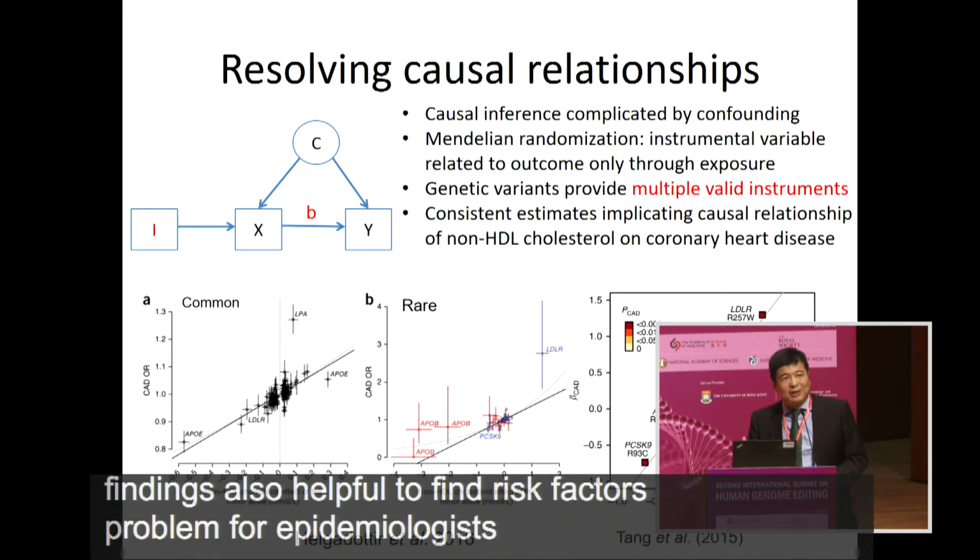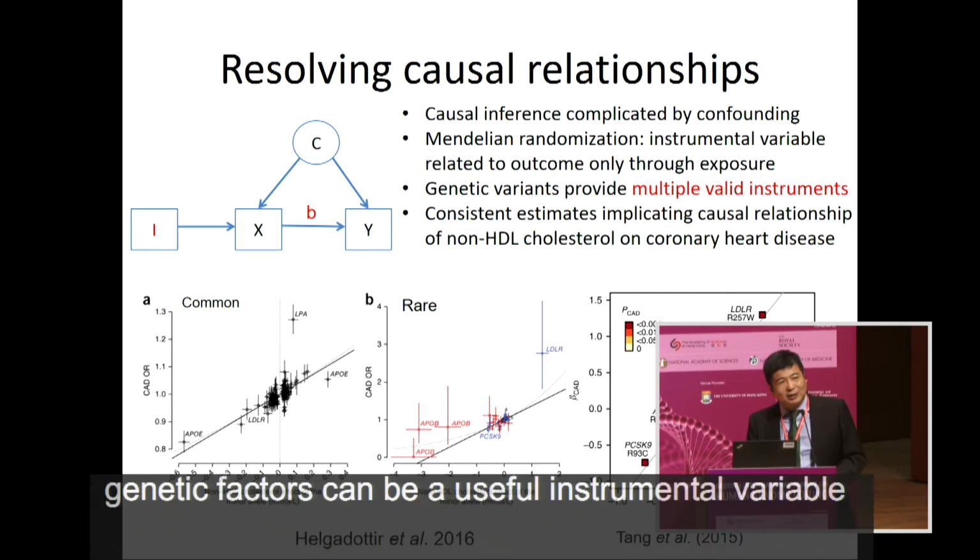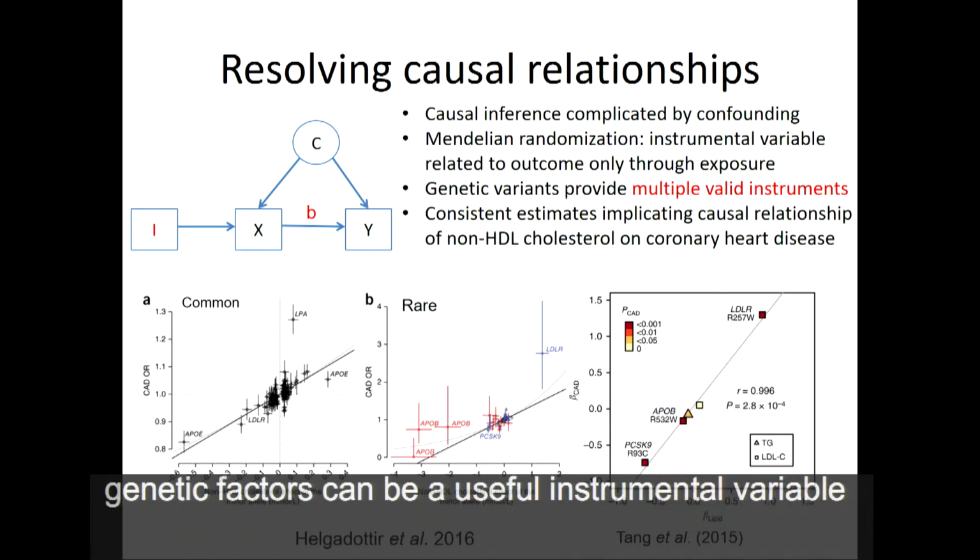And genetic variants provide possibly very ideal instrumental variables, and not only one, but multiple. When multiple genetic variants, used in these Mendelian randomization studies, provide a similar, consistent estimate of the effect between the risk factor, the exposure, and the outcome, then this will give much more confident results, as in this case for non-high-density cholesterol and heart disease.